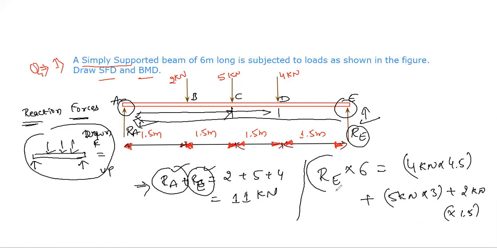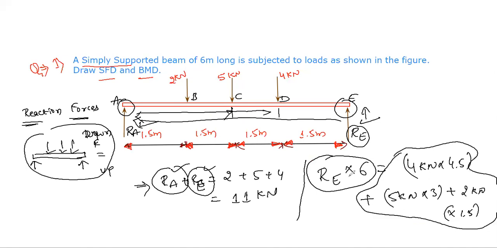Now this is your upward moment. These are your downward moments. Only then will our beam be in equilibrium. Force into distance: this is the upward moment, and these are the downward moments. If you simplify this, you will get the answer.